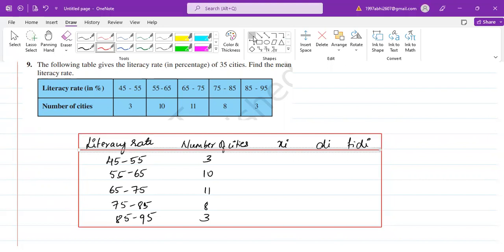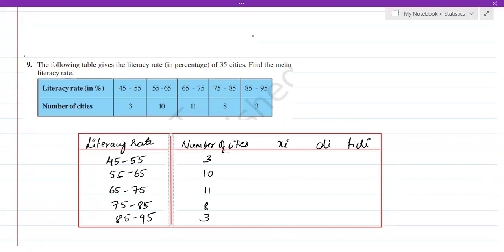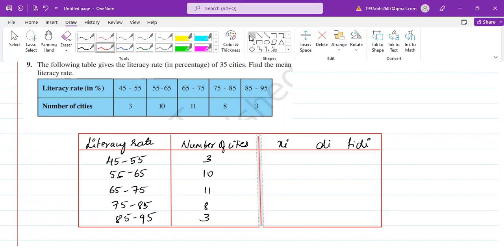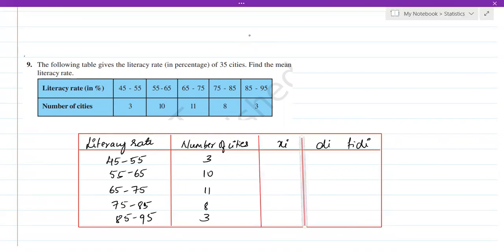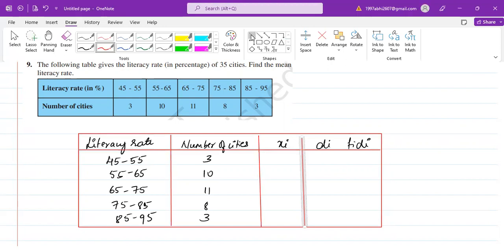You can do this mean by any method, and you will get the same answer. Somewhere there may be a difference of plus or minus 0.2, otherwise you will have the same answer.